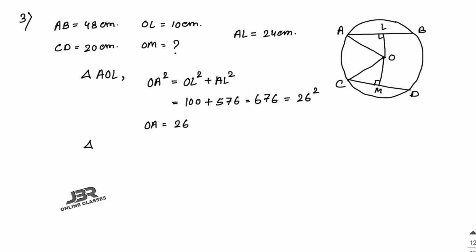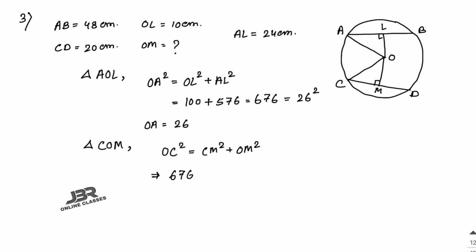Now from the next triangle COM, OC square is equal to CM square plus OM square, and you have to find out the value of OM. OC square is again 676, because OC is also a radius of the same circle.